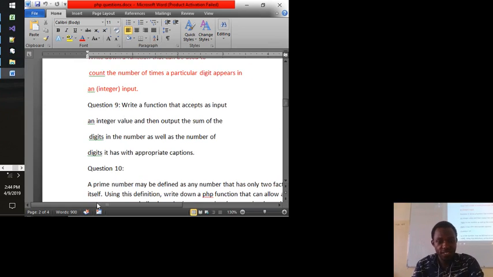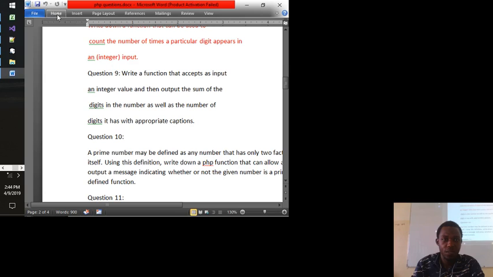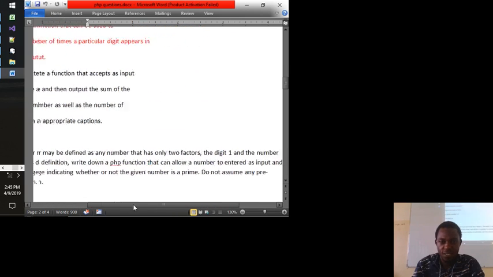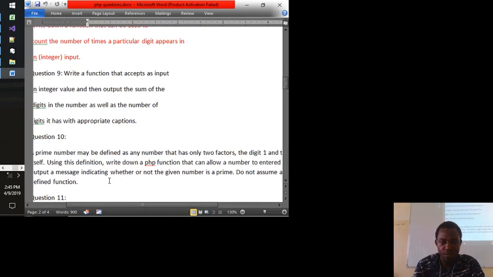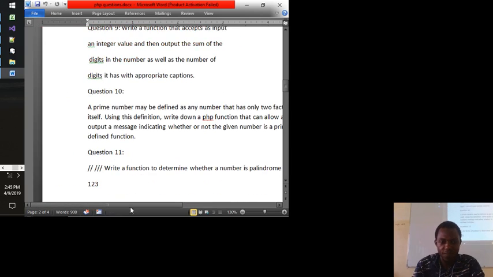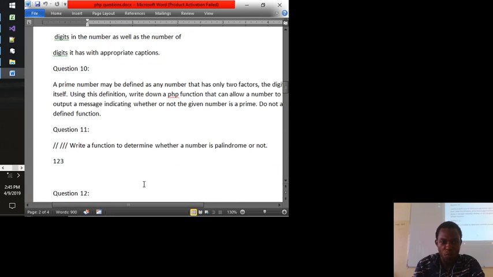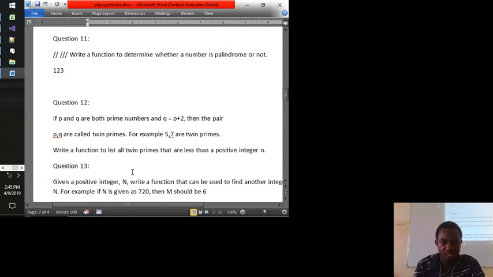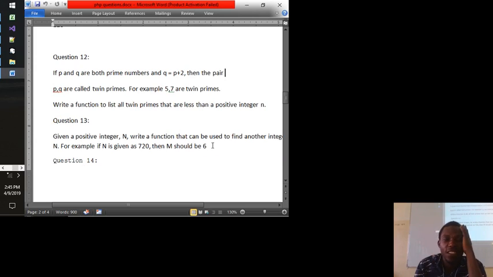So straight away, let's see what we can do. We've done the prime number, we've done this, question 12. Who did question 12? The Fibonacci, okay, so who is doing question 12?